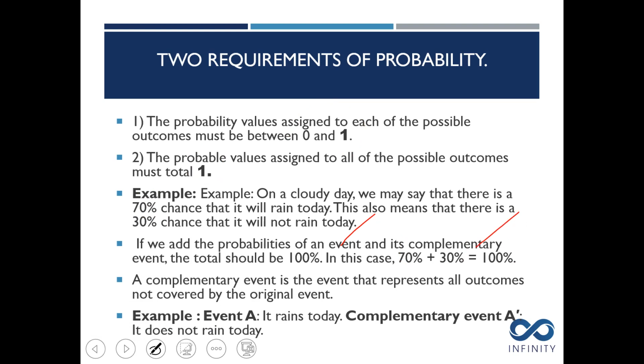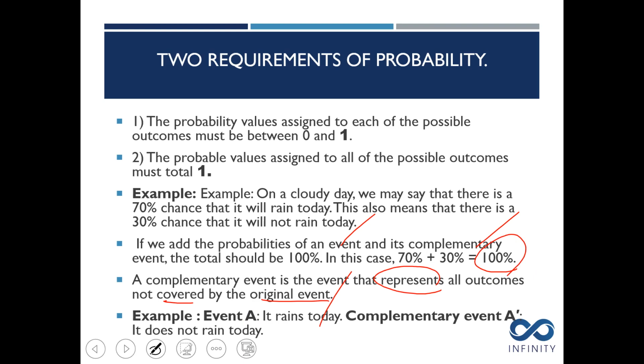A complementary event represents all outcomes that are not covered by the original event. When it rains today, the complementary event is that it does not rain today. If you add the probability of rain today and the probability of no rain today, we should get 100%. So these are the two rules of probabilities.